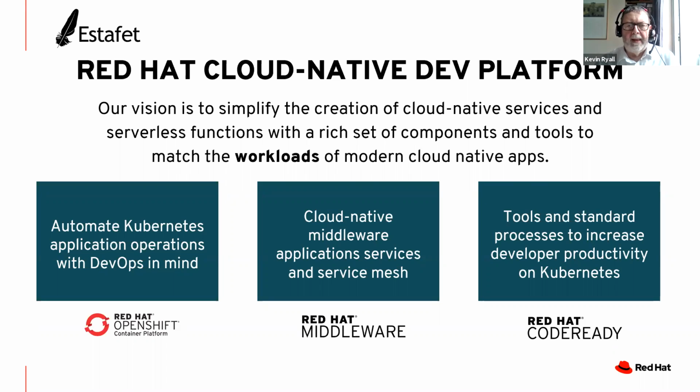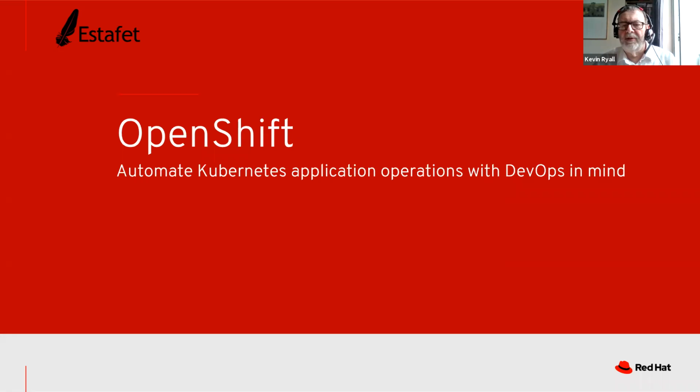We also have middleware application services and service mesh, and tools specifically aimed at developers to produce extra productivity on the Kubernetes type platforms. And these are hosted on Kubernetes as well. And these are some of the Red Hat CodeReady products.